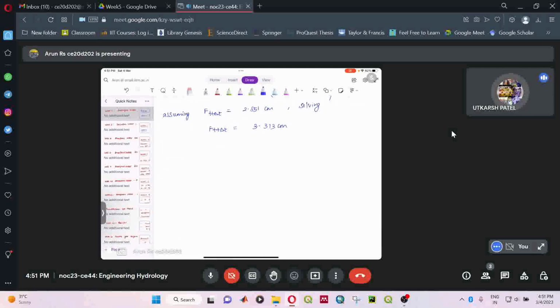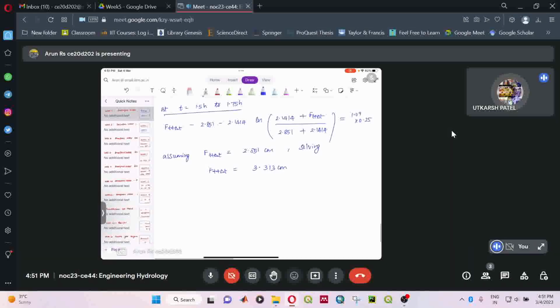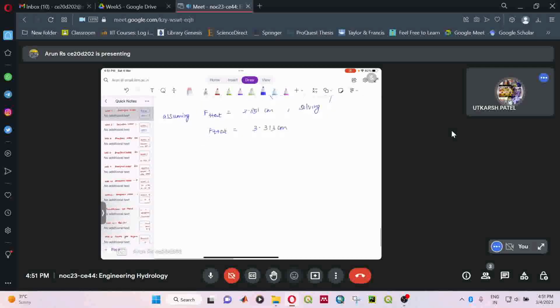We assume this F(t+Δt) from the previous value because your cumulative infiltration is always increasing with time. So that's why we assume the previous time step value, so that your calculator can solve a little faster.